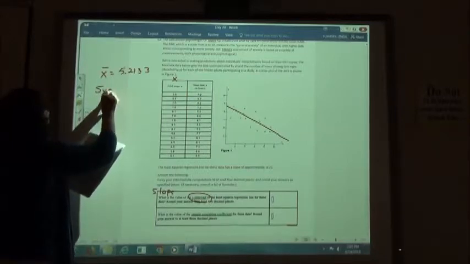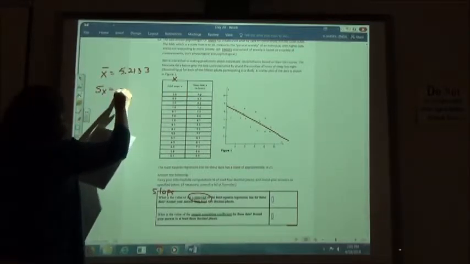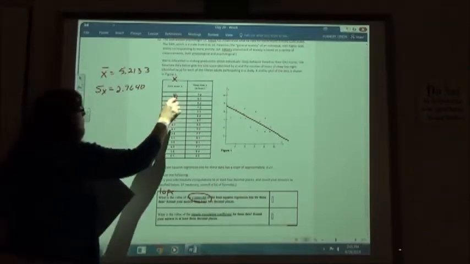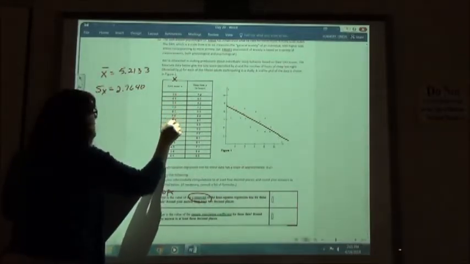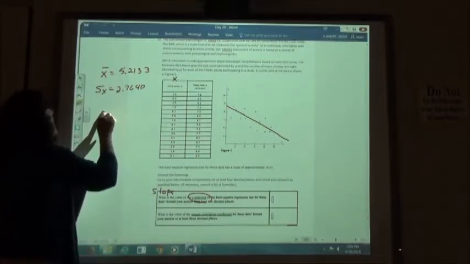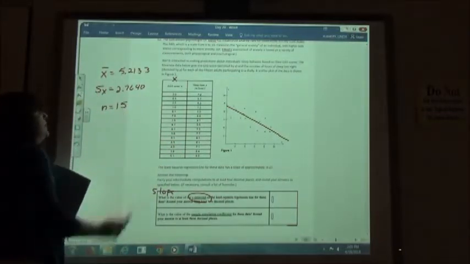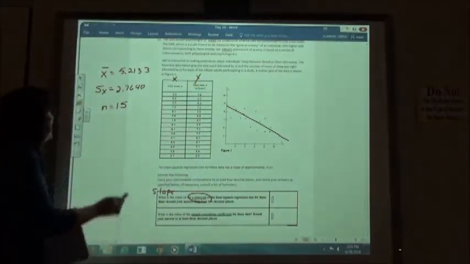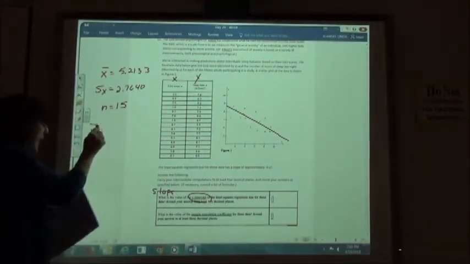My standard deviation for that first list, 2.7640. We have 1, 2, 3, 4, 5, 6, 7, 8, 9, 10, 11, 12, 13, 14, 15. So n is 15.